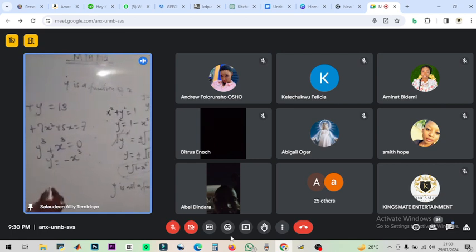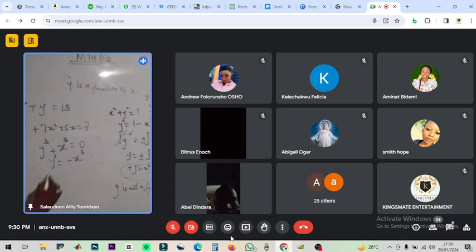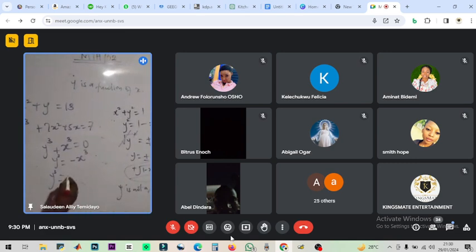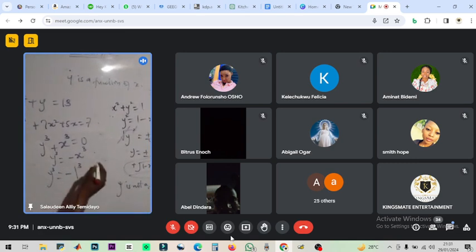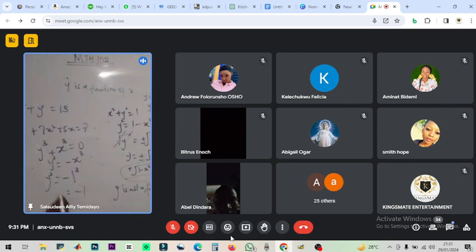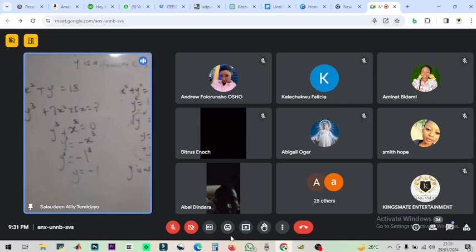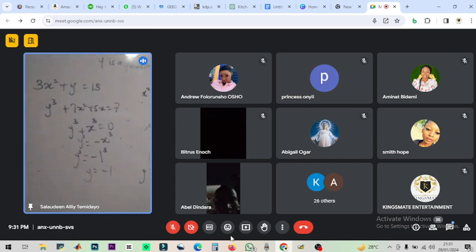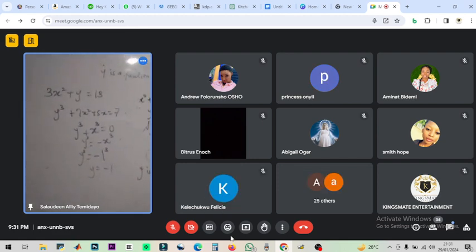Are we together? This is y raised to power 3 plus x raised to power 3. So, let's say x equals 1, minus 1 raised to power 3. The answer is going to give me minus 1. So I can have one value for y. So that proves your theorem. Yes, Abigail. So it's very right.